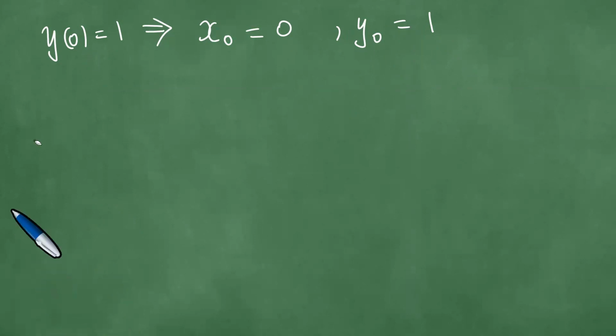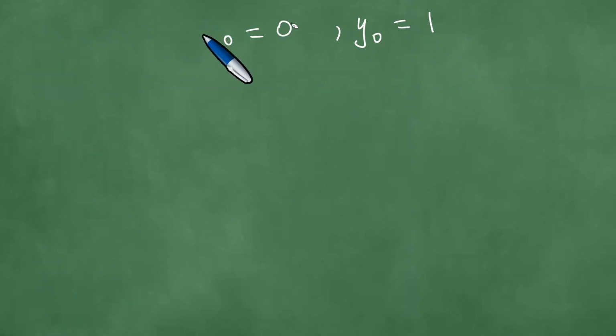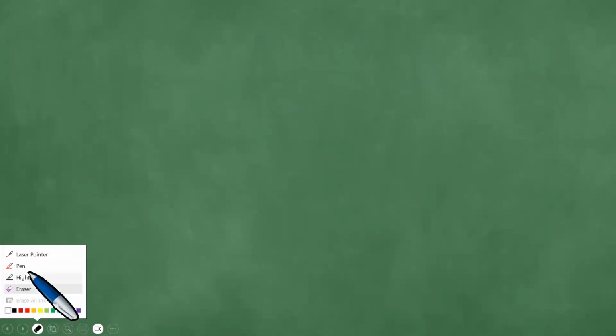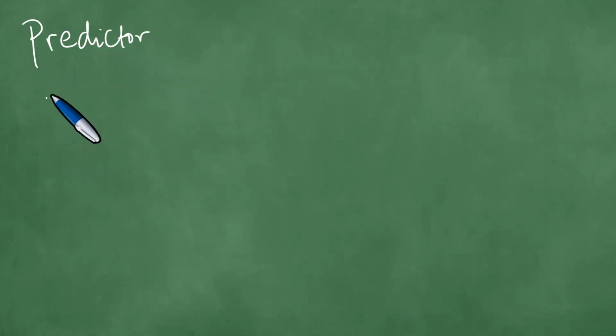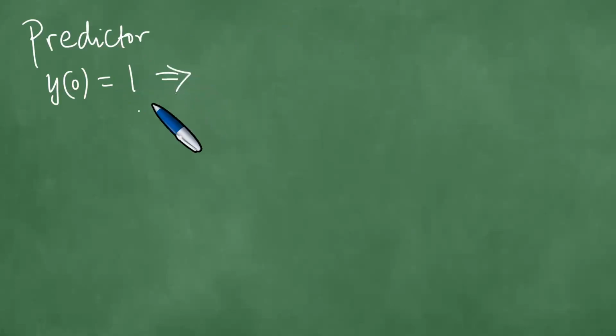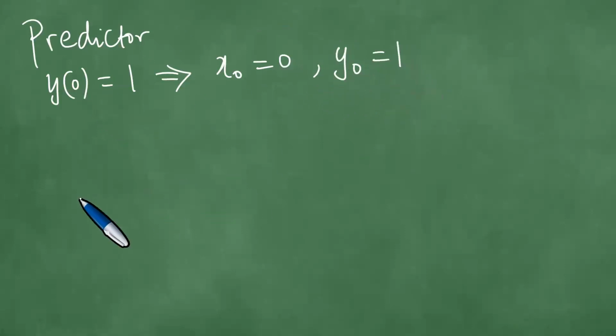So I feel like I need to write that predictor like I did yesterday, just to avoid a potential mix-up. It helps to write the predictor step and note that we are dealing with the predictor here, and we have the initial value given, which means x0 is 0 and y0 is 1.